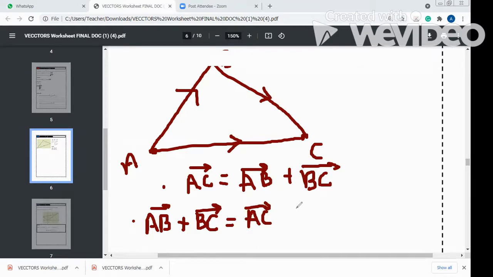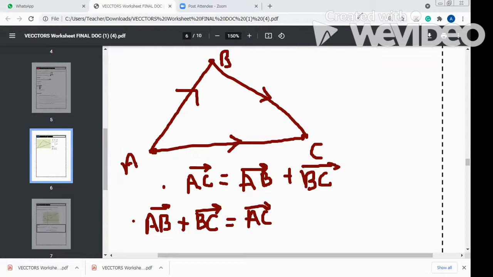Everybody get that? So basically, what am I trying to say? That if you add this portion of the vector and this portion of the vector, it's going to be the same thing as that distance. That's basically what you're saying.